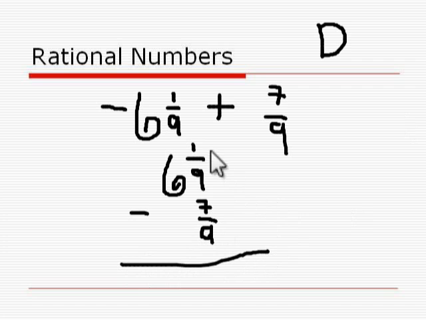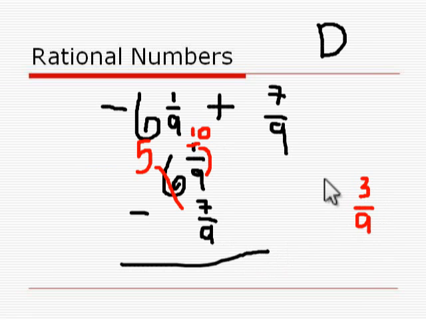The fractions, I can't do 1 minus 7, so I have to borrow 1 from the 6. So now we're using our subtracting mixed numbers rule. I add the numerator and the denominator together to get my new numerator of a 10. So I do 10 minus 7 is 3. I'm going to write it over here because I'm running out of room. And put my 5.